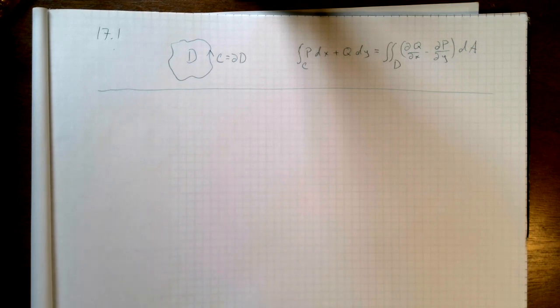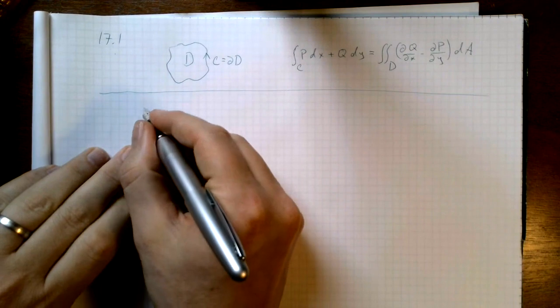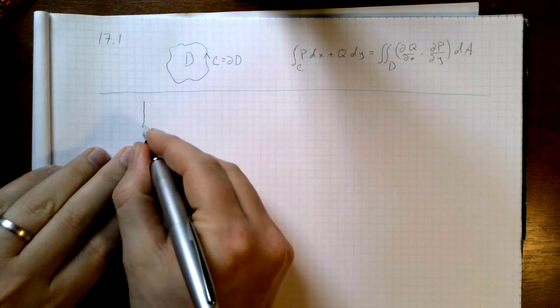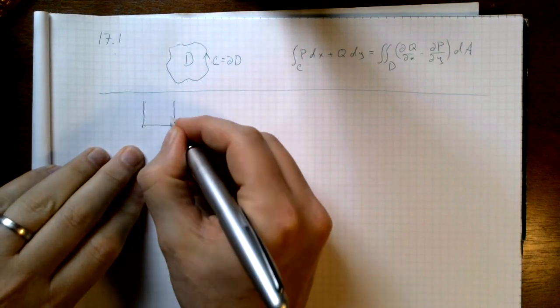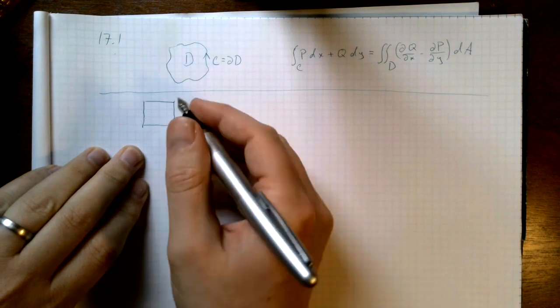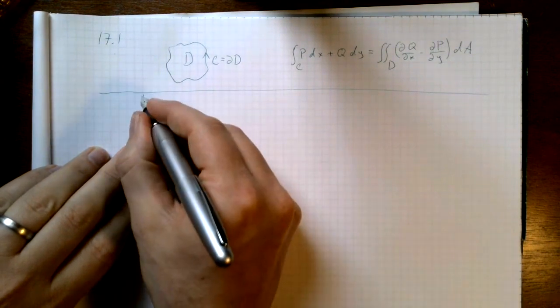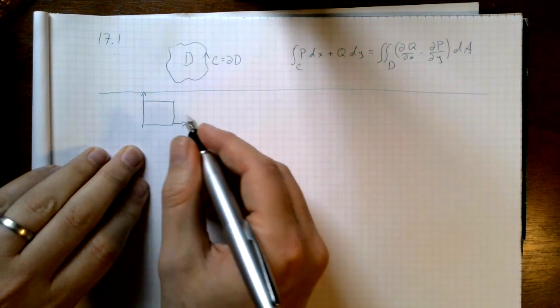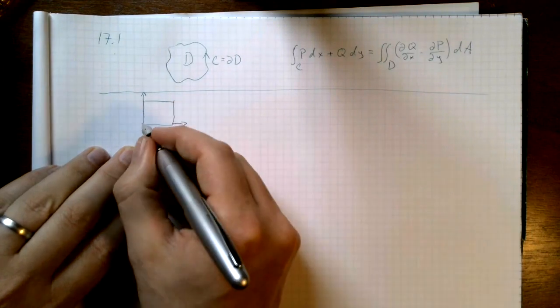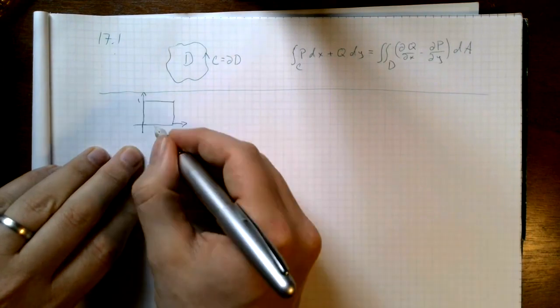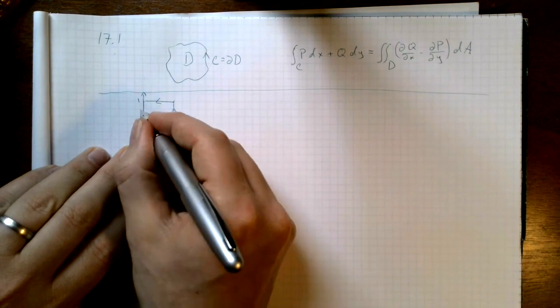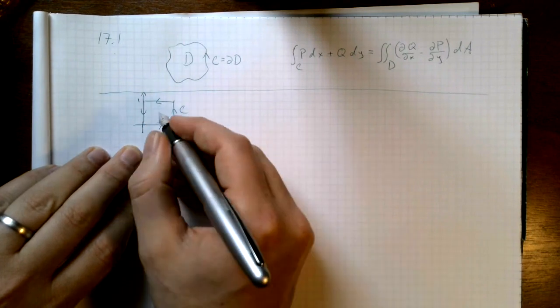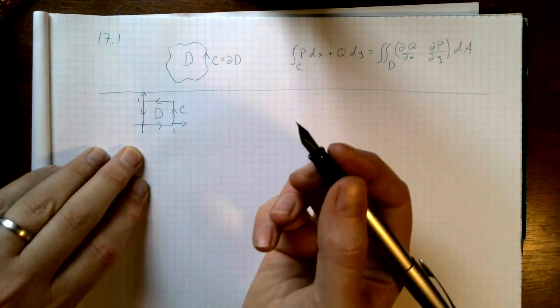Okay, so let's do an example over the unit square. It's not quite a square, but it's supposed to be a square. This is my C, and D is the inside over here.